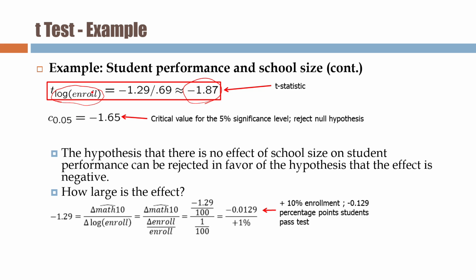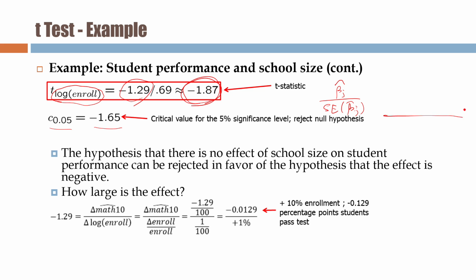You just treat the log enrollment as a new factor, and then you calculate beta j hat over the standard error of beta j hat, and you get minus 1.87, but at 5% the critical value is minus 1.65.